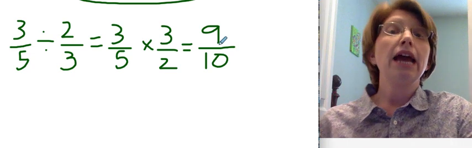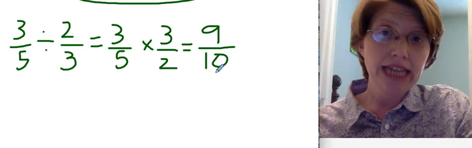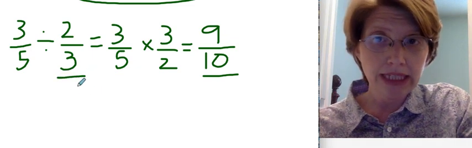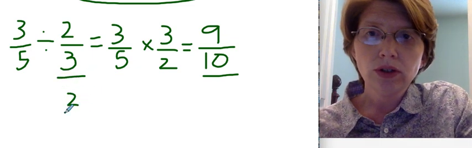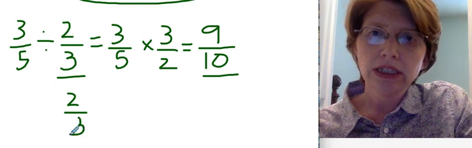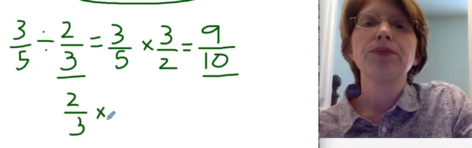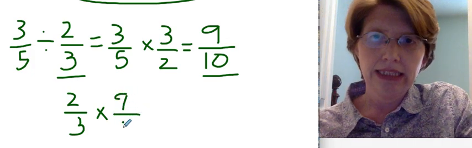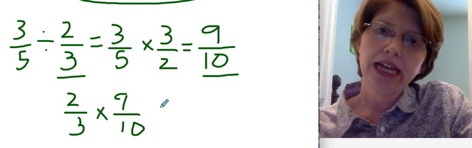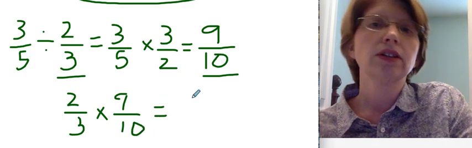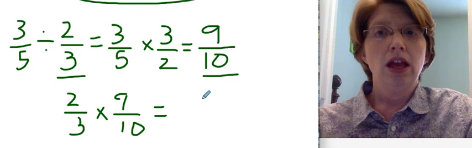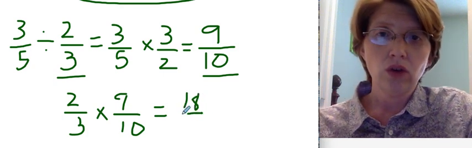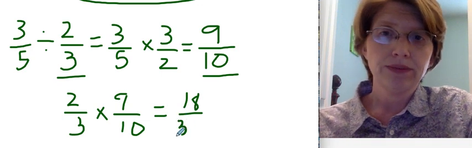9/10. Now, to check, I'm going to take my answer and multiply it times this number. So 2/3 times 9/10 equals 18/30.